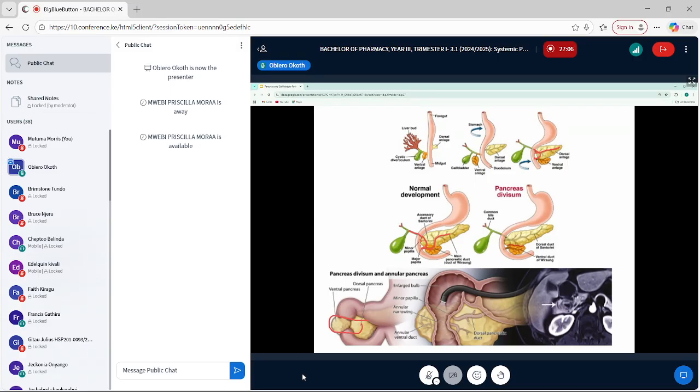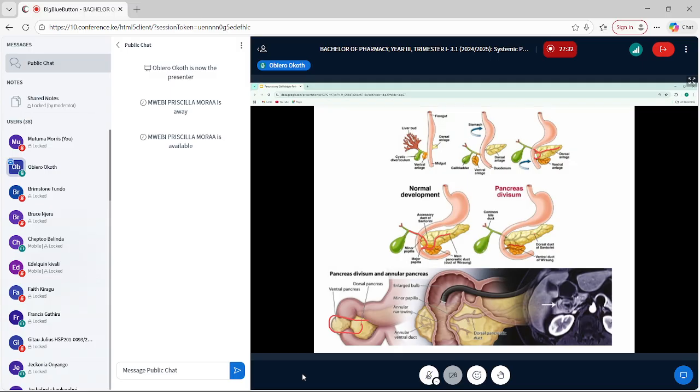So the normal situation is that you have a common bile duct and the main pancreatic duct opening into the major papilla, which is going to open into the ampulla of Vater. In pancreas divisum, the common bile duct does not match with the major duct, the main duct.